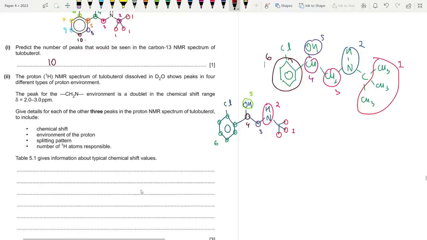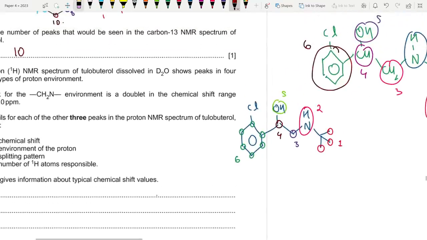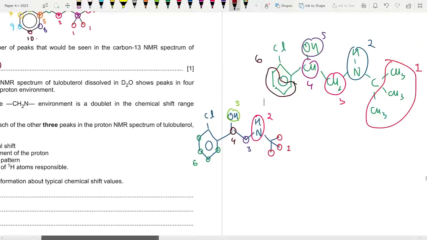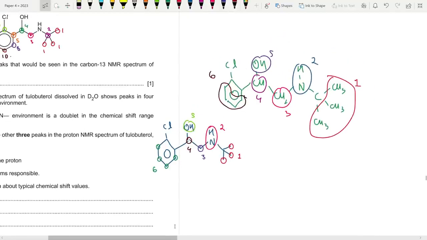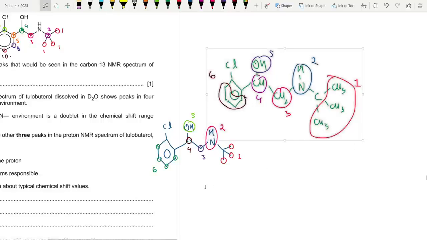By the way, sorry, when I say all of these, you guys know that there's no hydrogen over here, it's been substituted. So these 4 carbons are in environment 6. Anyway, after we add D2O, 2 of these peaks disappear. You guys know why, right? The protons of NH and OH are labile, so they exchange with D2O.